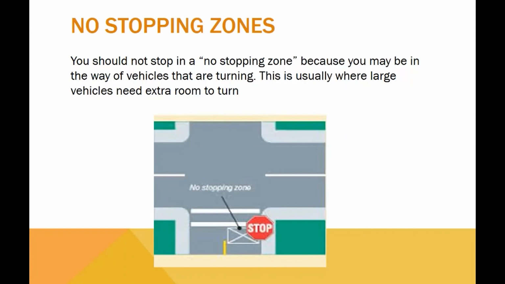And that's usually to allow for bigger trucks. When trucks do turns, especially if they have trailers behind them, they're not able to swing their whole vehicle around very easily. So they often put these no stopping zones to give those trucks enough room to make their turns safely, and so you're not obstructing that vehicle from getting through.